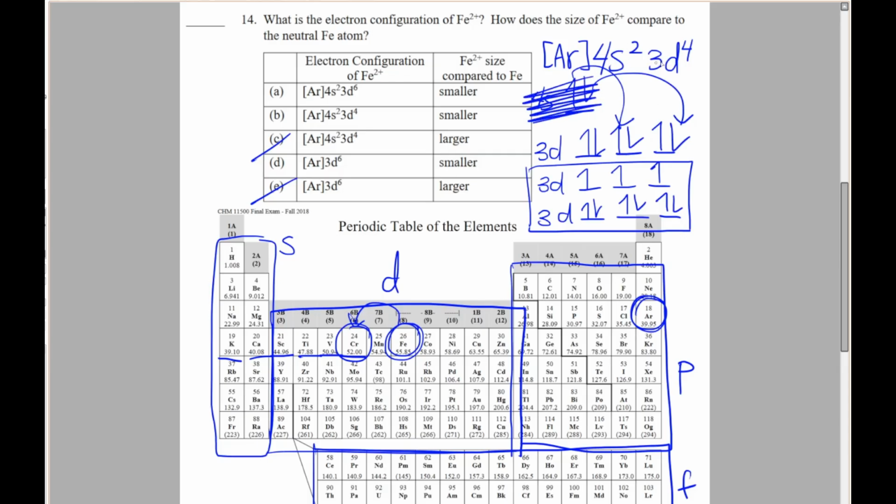So instead of 4s2 and 3d4, we're going to actually move this 2 over here and then get rid of this higher energy orbital, or this higher energy subshell of 4s, and then we're going to have 3d6. So our answer is going to be D. This configuration is going to start with argon and then 3d6, and the Fe2+ ion is smaller than Fe. So our answer is D.